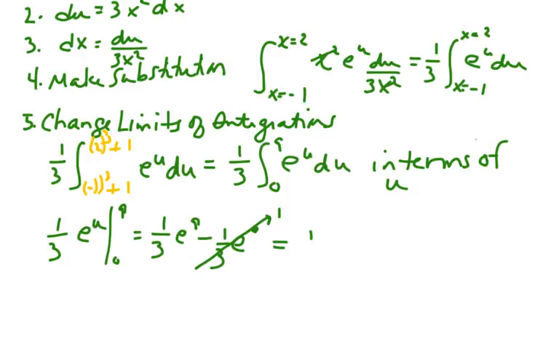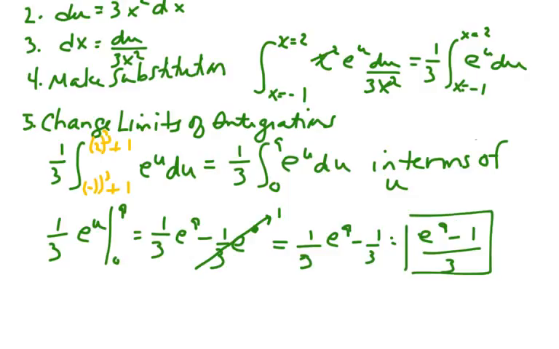So I'm going to do a little bit of algebraic cleanup here. You could find a common denominator to put them back together, and that's going to be your answer. So that's the first approach. The other approach you could have taken is right here where we actually change the limits of integration.